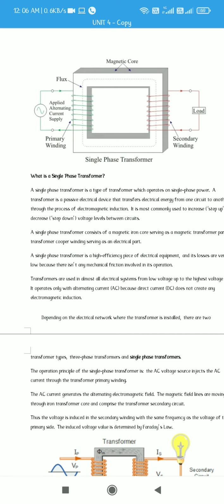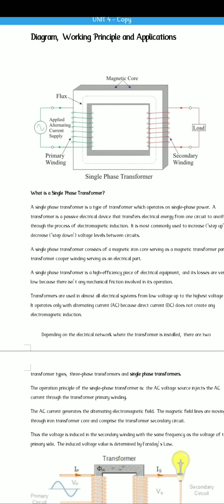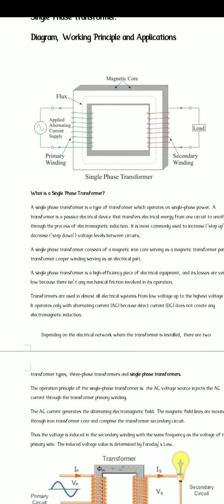This single phase transformer has three main parts: one is the insulated magnetic core, another is the primary winding, and the other is the secondary winding. Two side limbs are there.